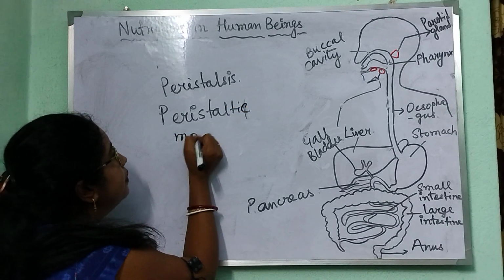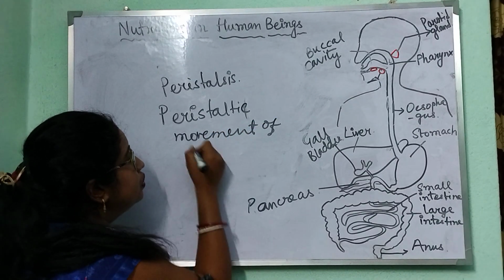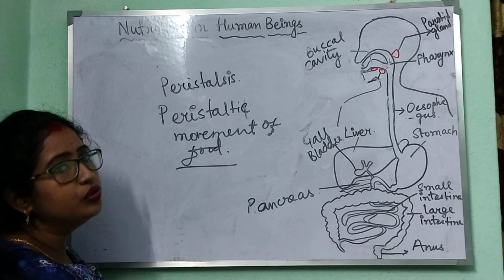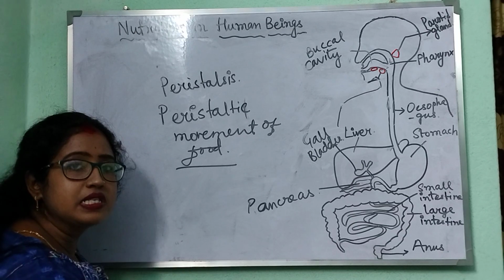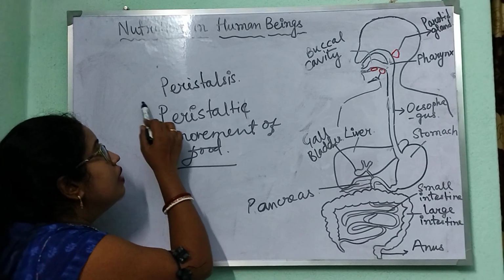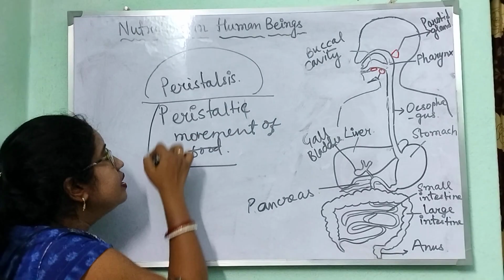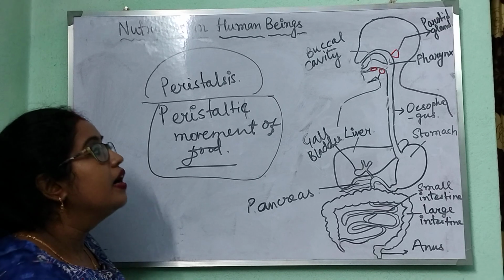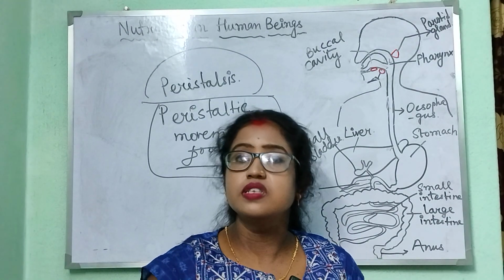So there is a rhythmic movement of food in the esophagus with the help of the muscles in it. This activity is known as peristalsis, and this movement is known as peristaltic movement of food, and no digestion occurs in the esophagus region.